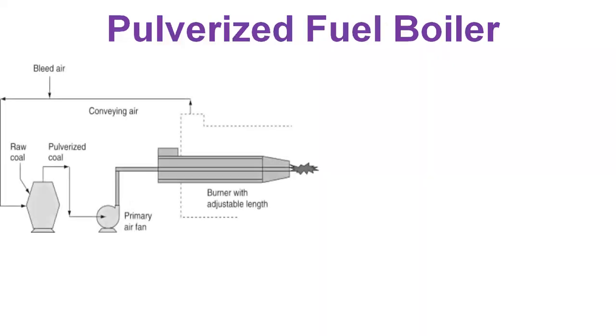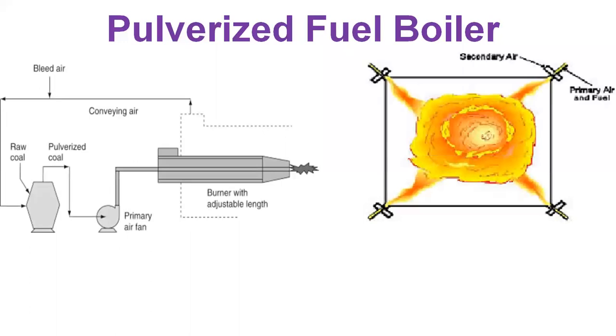Then we have the pulverized fuel boiler. Most coal-fired power station boilers are pulverized coal, and many of the larger industrial water tube boilers also use pulverized fuel. This technology is well developed, and there are thousands of units around the world, accounting for well over 90% of the coal-fired capacity.